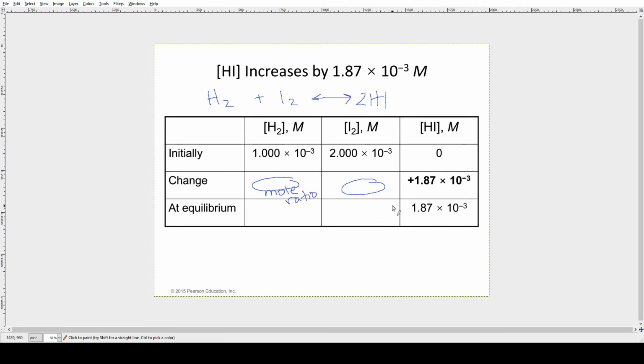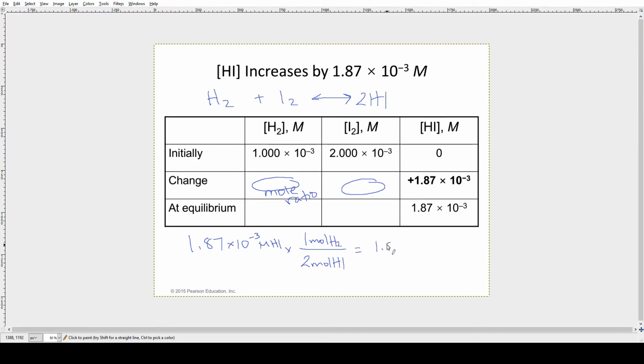So if I have 1.87 times 10 to the negative third molarity HI, then for every 2 moles of HI, this is from my balanced equation, I have 1 mole of H2.